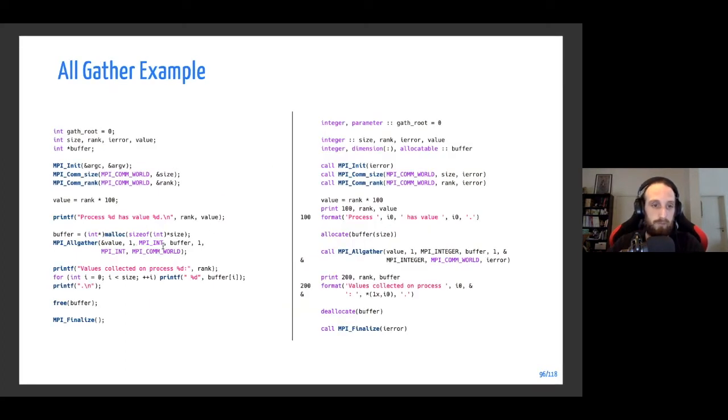So again, a very simple example, where we specify the value on each rank, and then we do allgather. So basically all the processes will have a buffer filled with the value specified by each process.